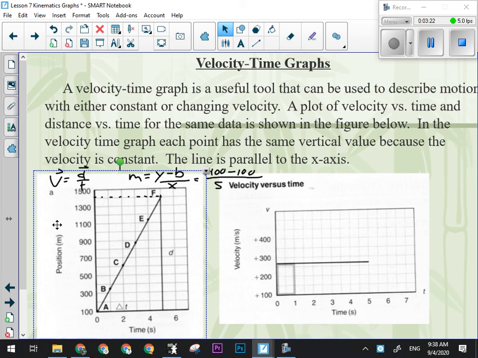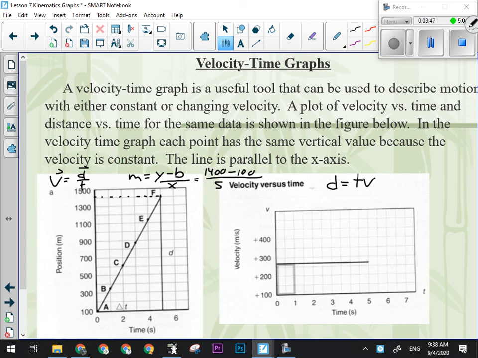How could I calculate the displacement of this object from this velocity versus time graph? Multiply the velocity with the time. I'd say that's a good idea. Because that is a manipulation of that formula. Agreed?